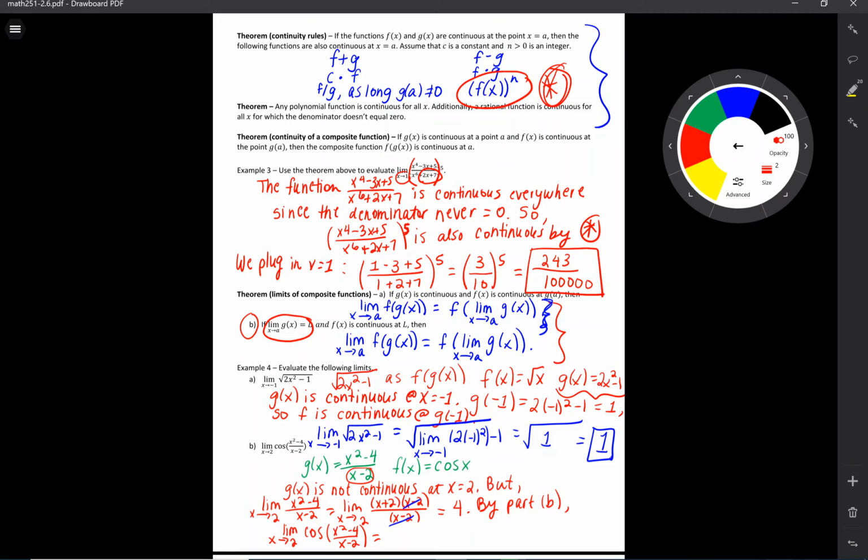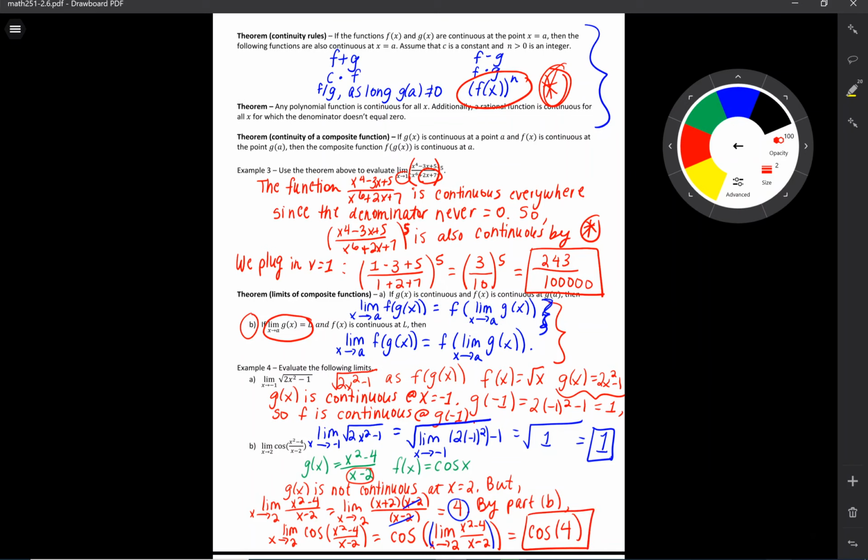So this is equal to the cosine, that's my f function, of the limit as x goes to 2 of (x squared minus 4) over (x minus 2). We've already solved for this portion. It was equal to 4. So this just equals cosine of 4.